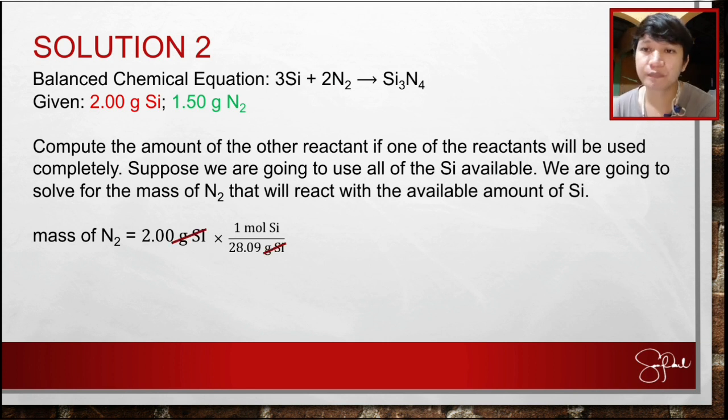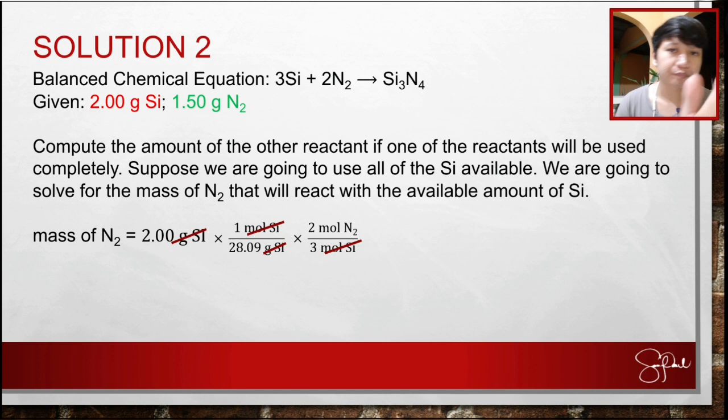Cancel the unit. Then, we will be using the mole ratio of silicon to nitrogen gas, and that is 2 moles of nitrogen gas over 3 moles of silicon. We can now cancel the unit of mole silicon. Then, the last part, since we are looking for the mass of nitrogen gas, we will be using the molar mass of nitrogen gas.